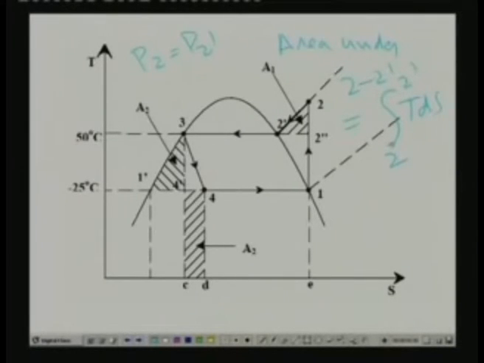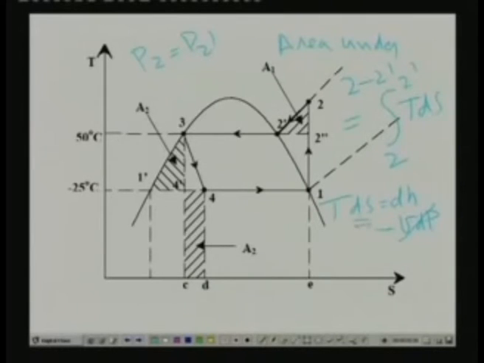From thermodynamic property relations we know that TdS is equal to dH minus VdP. If you apply this relation to the process 2 to 2 dash, you find that VdP is equal to 0 because the pressure does not change during this process. This is an isobaric process.